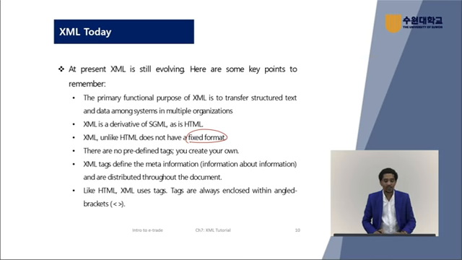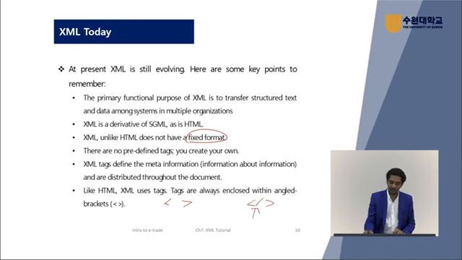So there are no predefined tags in XML. XML tags define the meta information, that is information about information, and are distributed throughout the document. And like HTML, XML uses tags, and tags are always enclosed within angled brackets like this. As I have said, you open a tag like this and you close a tag like this, okay?